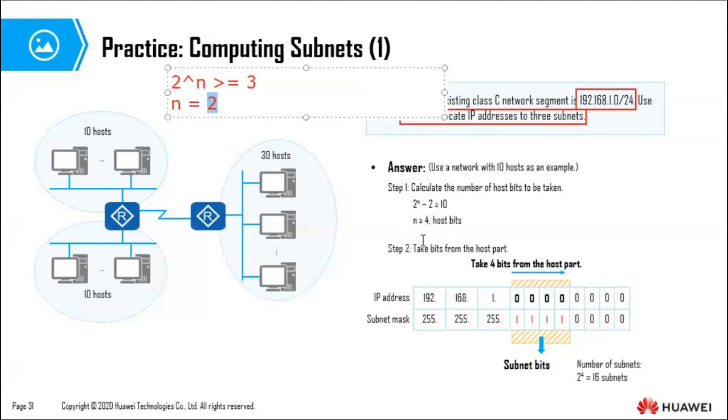Where is 4 coming from here? Oh, no. I'm assuming I use a network with 10 hosts as an example. Oh, sorry.